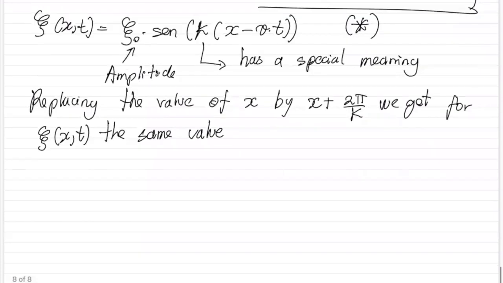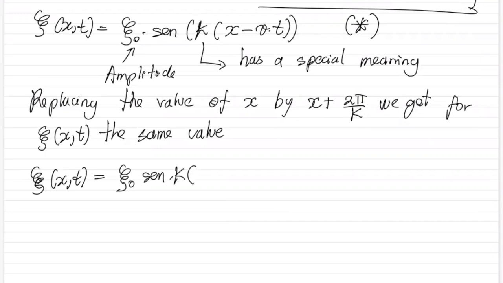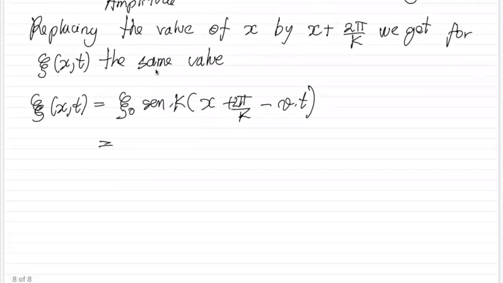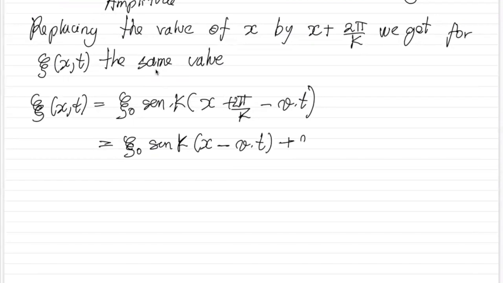That means replacing here, sine of k times x plus 2 pi over k minus b times t can be written as sine of k x minus bt plus 2 pi.